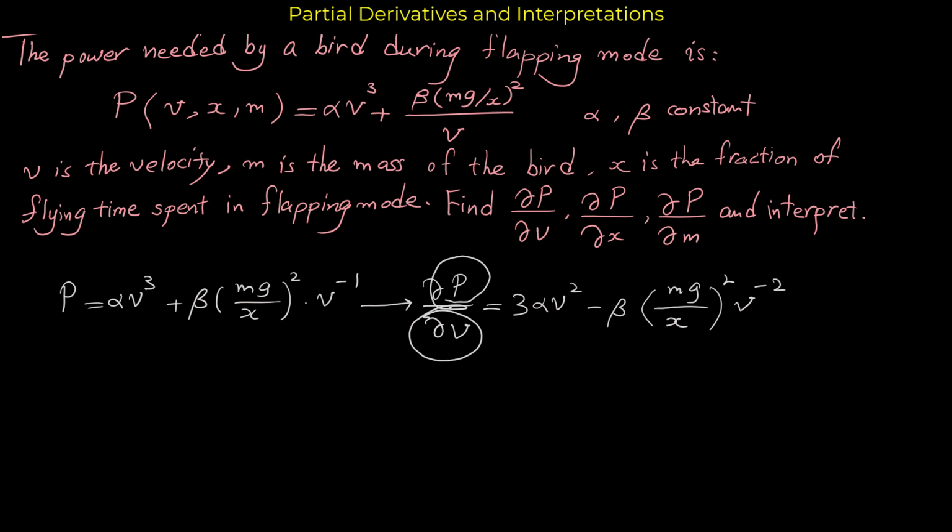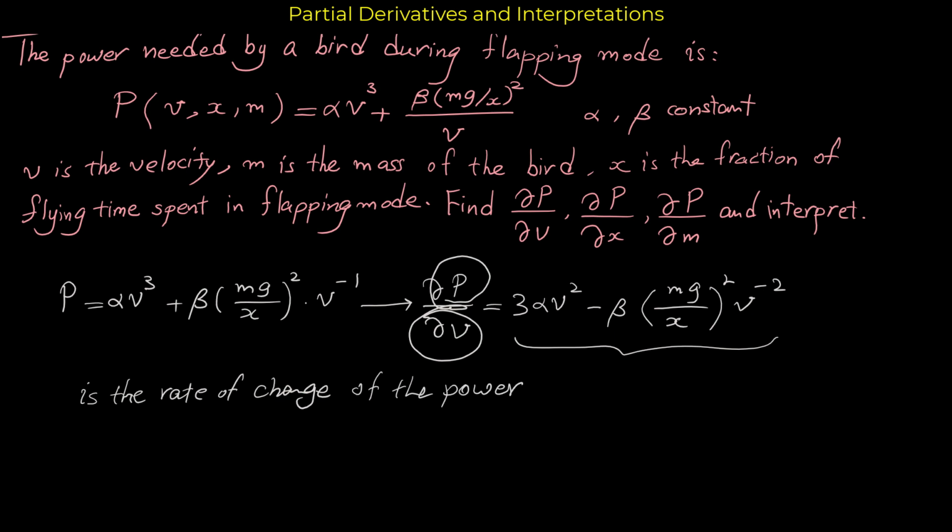So the interpretation is the rate of change of the power of the bird needed during the flapping mode with respect to the variable that is in the bottom, the velocity.